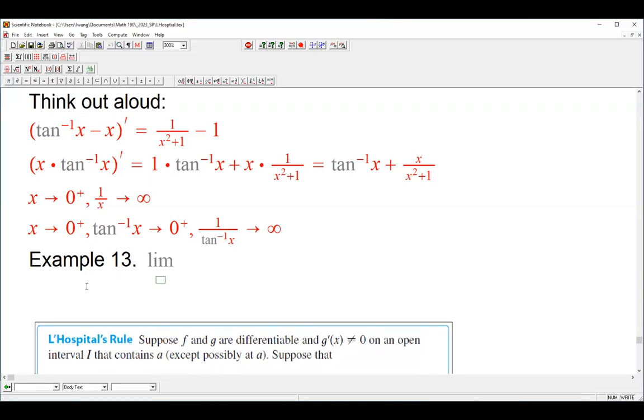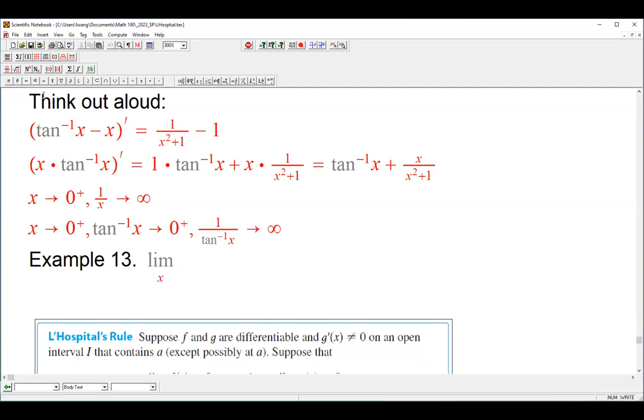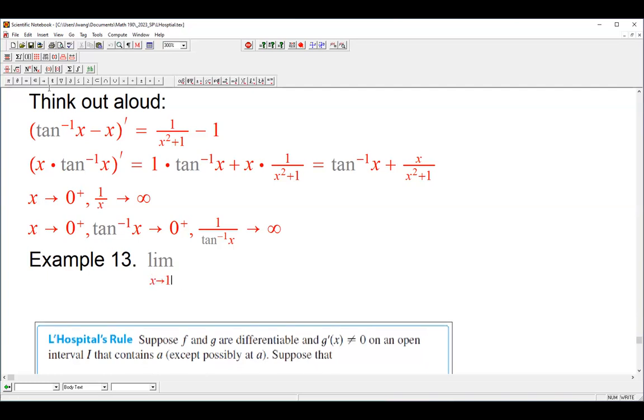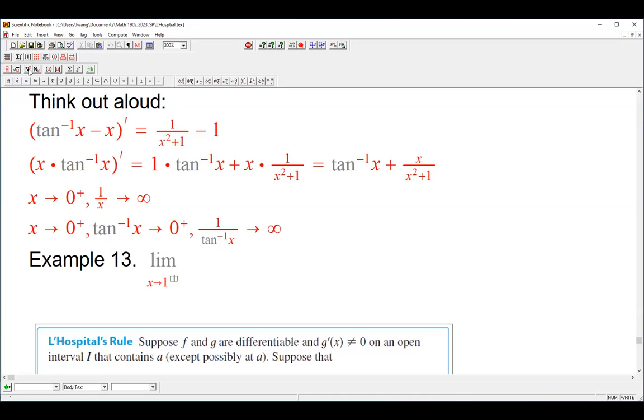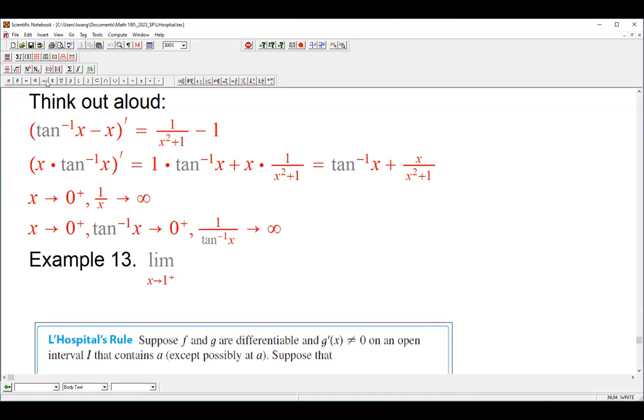Limit as x approaching 1 from larger than 1. And we have the function. The function is ln parentheses x raised to the power 7 minus 1 subtracting ln x raised to the power 5 minus 1.